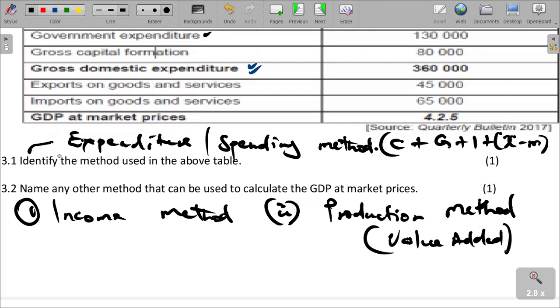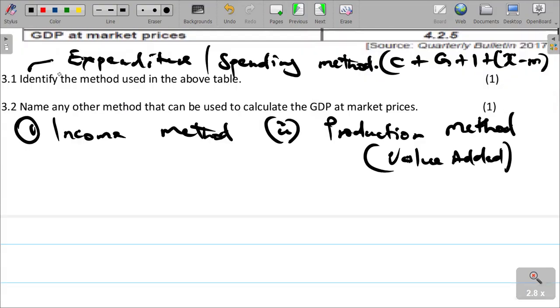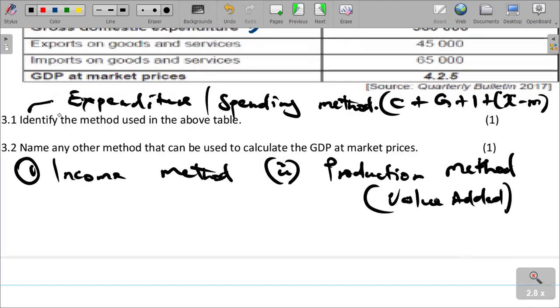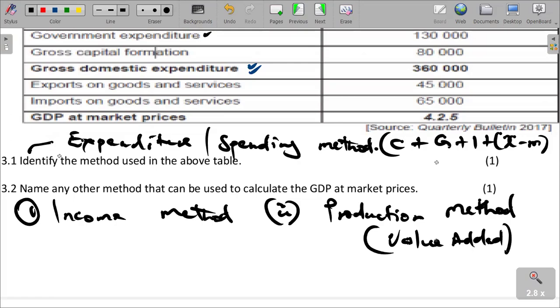So these are other methods that we can use to calculate GDP at market prices.